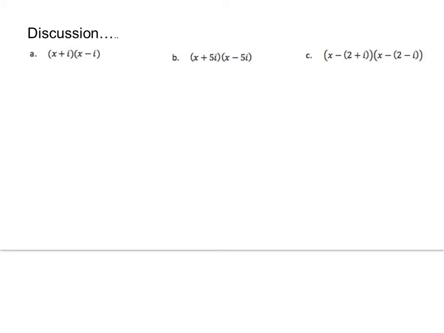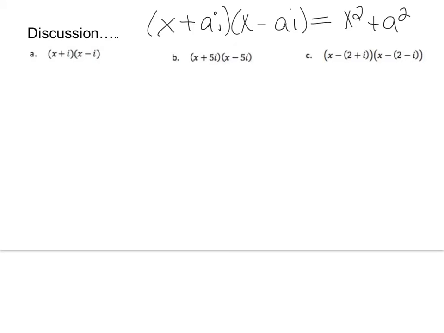So let's see, what were our patterns? It looks like in A we had the difference of squares, okay, which is very exciting. B, we also had the difference of squares. Basically, if we have x plus ai and x minus ai, that gives us x squared plus a squared. Okay, notice how the i's sort of disappeared every time, right?